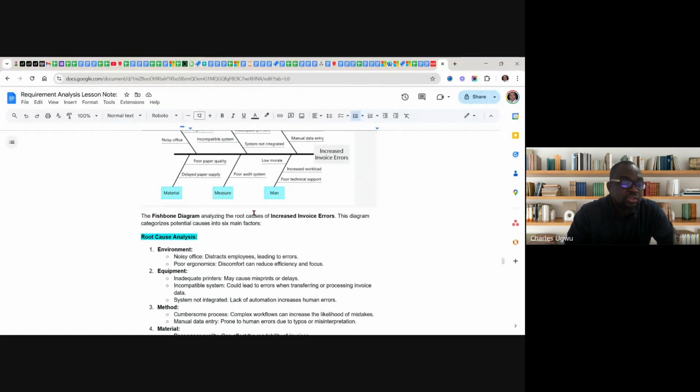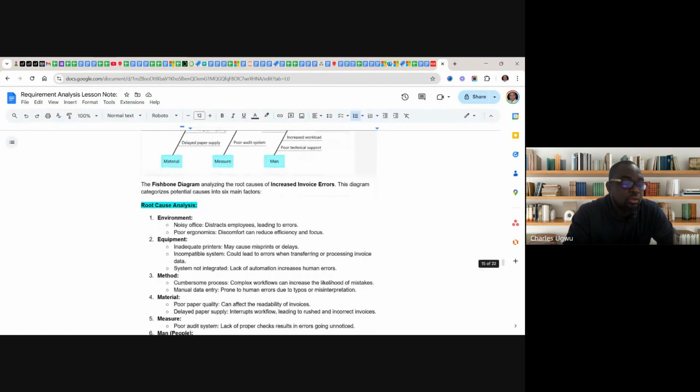In this fishbone diagram, analyzing the root cause of increased error, the diagram categorized potential causes into 6 main factors. Root cause analysis. Number 1, environment.